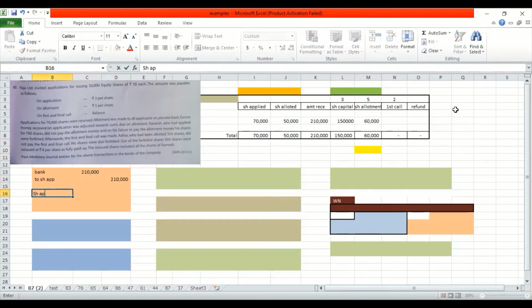Then what did I do with the application amount of 2,10,000? I transfer it to share capital and to share allotment. And I will transfer the figure 150 and 60,000. This is how I complete my first entry using the table.